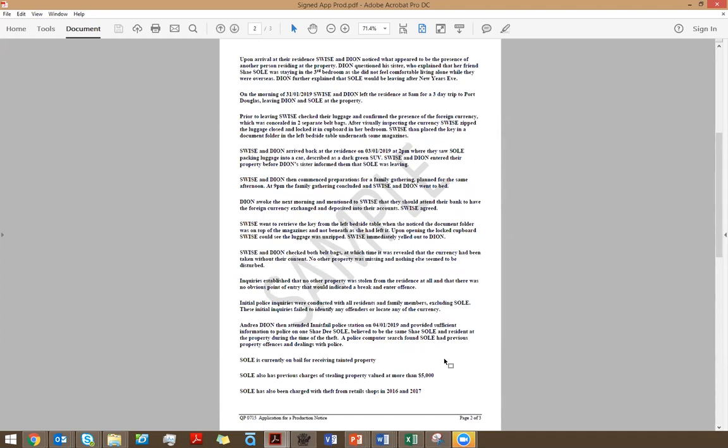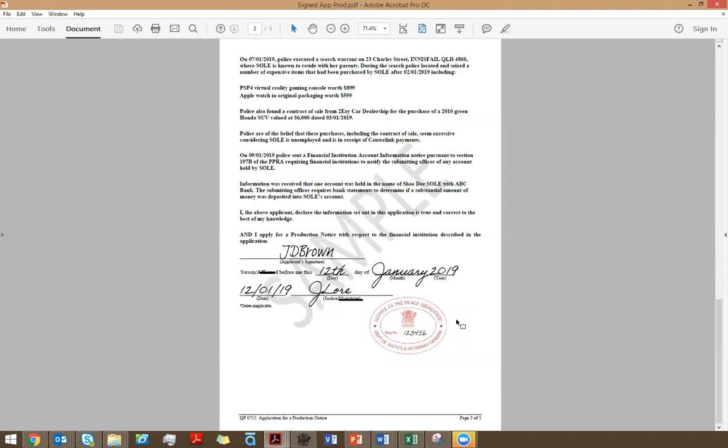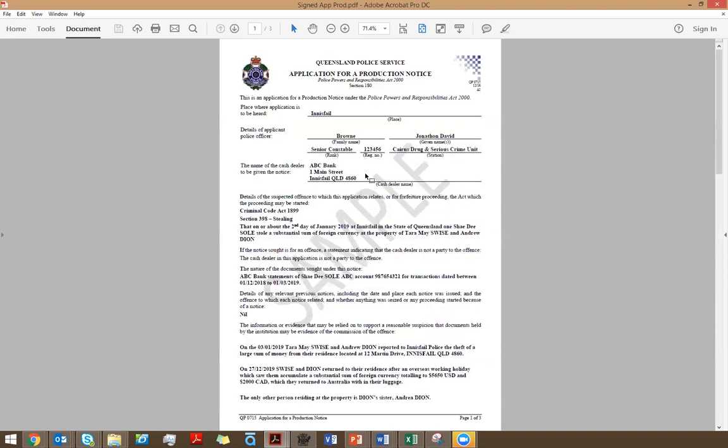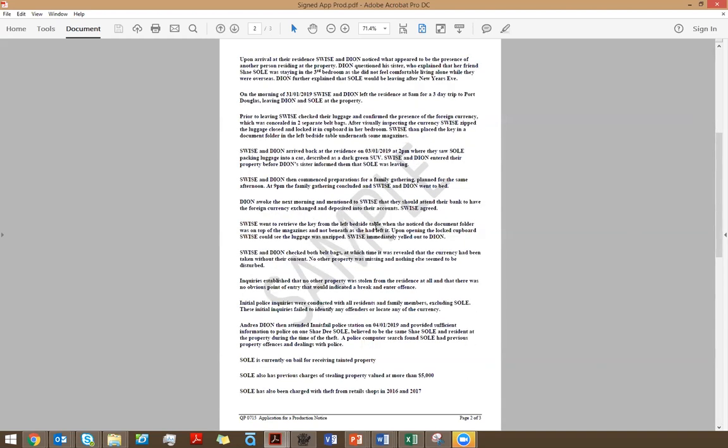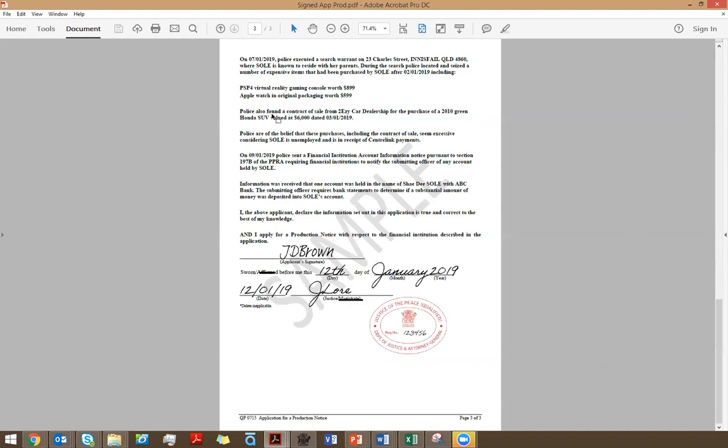But in fact, the money was stolen from somebody who was residing in the house, and the police had a reasonable suspicion that that person did actually steal the money, and they are asking ABC Bank for the transactions for that person's account, because you can see here that they've purchased a number of expensive items, and because the person is unemployed and on Centrelink and has a previous criminal history, the police have formed a reasonable suspicion that it's more than likely that this person was responsible for the alleged offence.